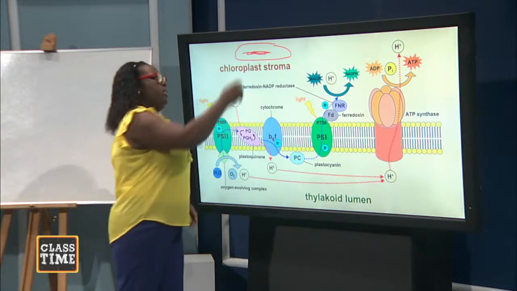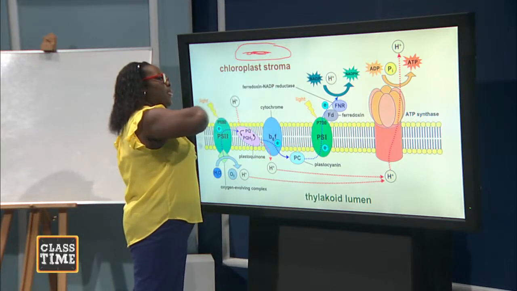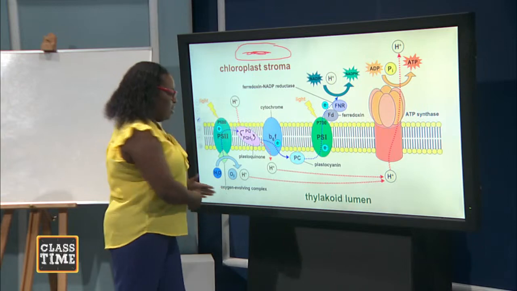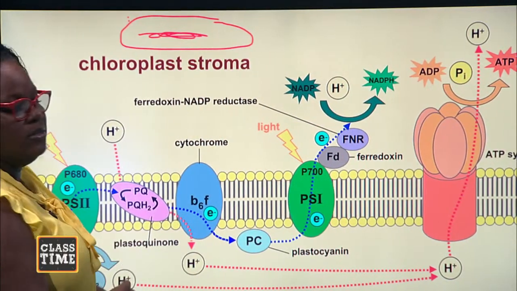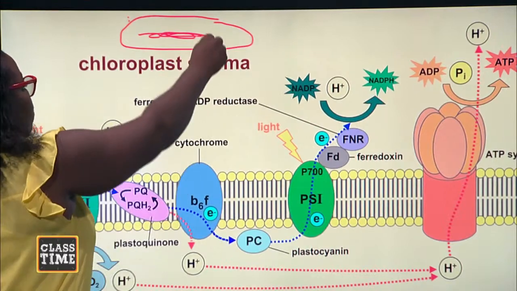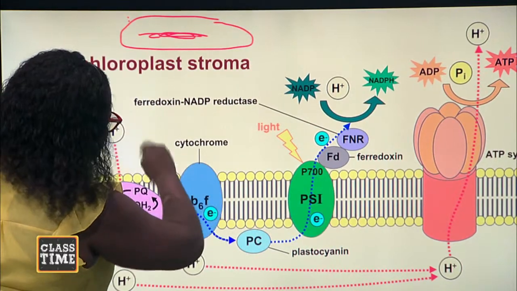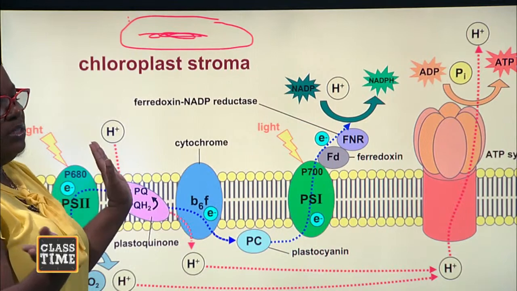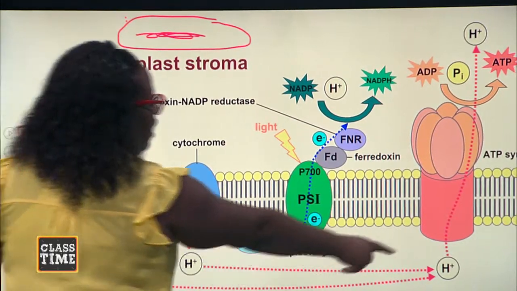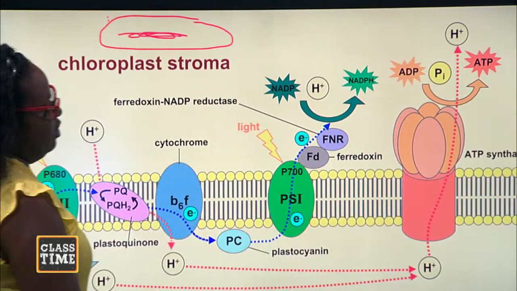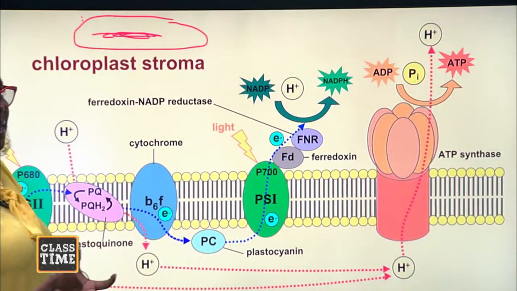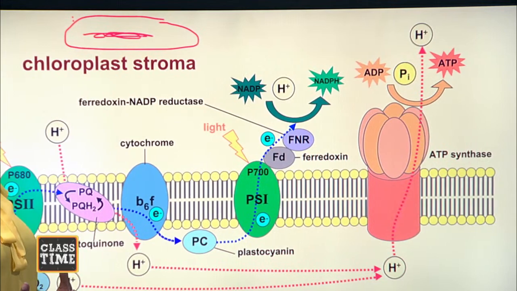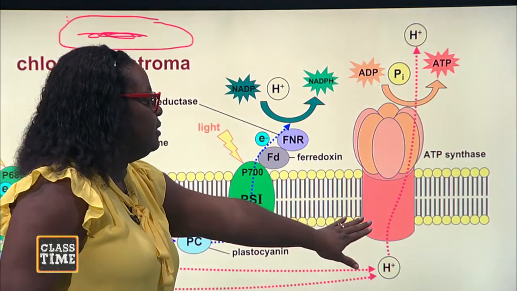Because they are charged, they can't just come through the membrane easily. The plus sign tells you they are charged. They have to go through a particular door, which is called ATP synthase, a specialized protein found on the membrane itself.